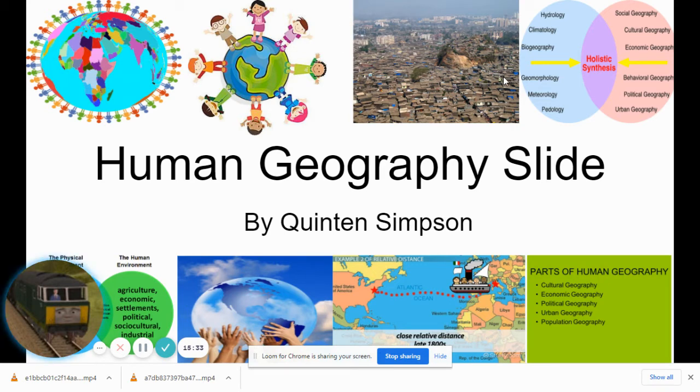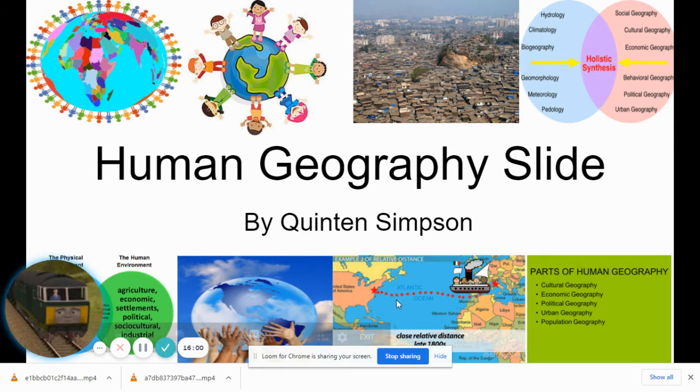Okay, so this is a holistic synthesis. This is called hydrology, climatology, biogeography, geomorphology, meteorology, pedology. Okay, so this is social geography, cultural geography, economic geography, behavioral geography, political geography, and urban geography.